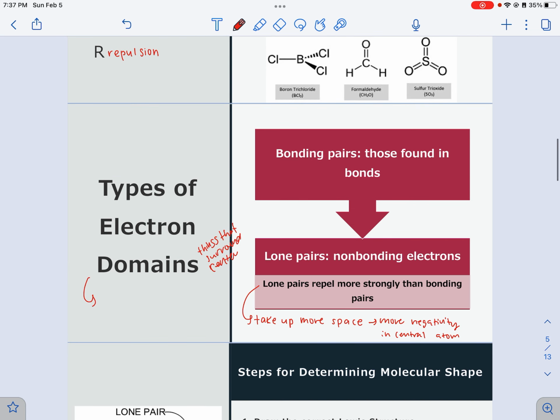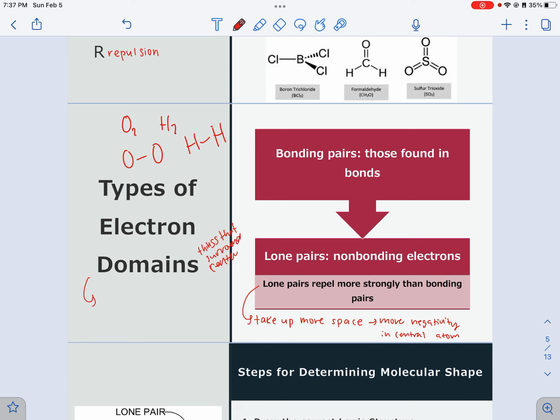Okay, so this is what some people get confused on: types of electron domains. Domains are just things that surround the central atom, or center. Some things like O2 or H2 don't have central atoms, so that's not applicable, DNE, does not exist. There's nothing surrounding a central atom because there's no center.